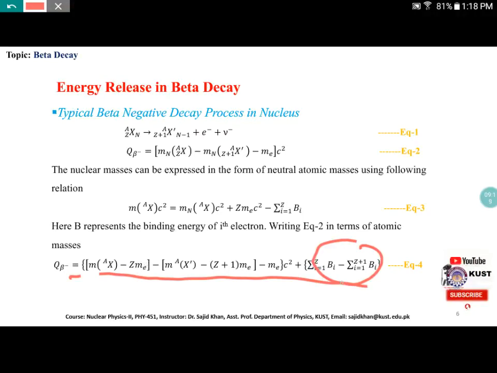And the binding energy terms, the binding energy of the parent and the daughter nucleus, this is actually the binding energy of electrons in the parent and daughter nucleus, and their binding energies are almost the same, and we can neglect the difference in the binding energies.